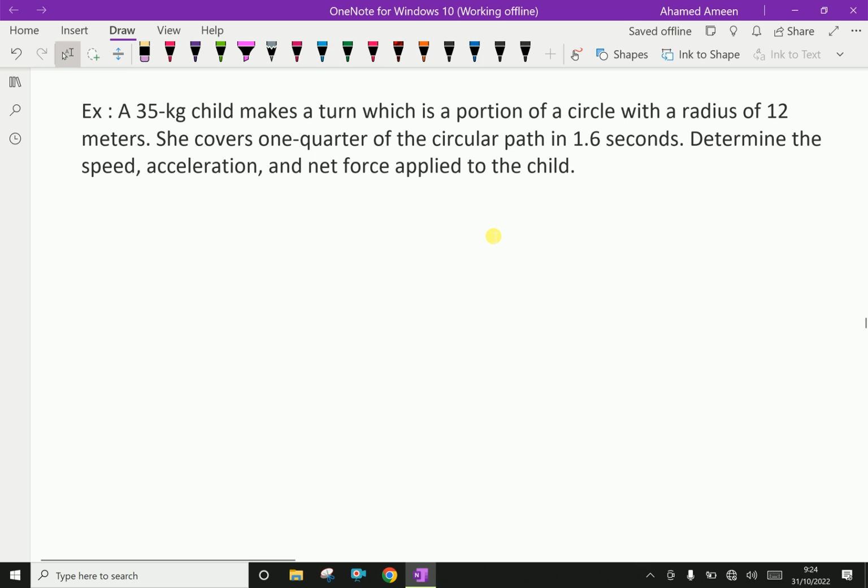Here, the length she covers is 1/4 of the circumference of the circle, which is 2 pi r. That is 1/4 of 2 pi r, which we can write as pi r, because this is the arc length.